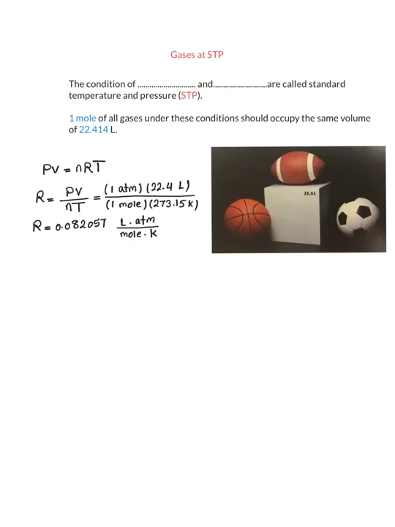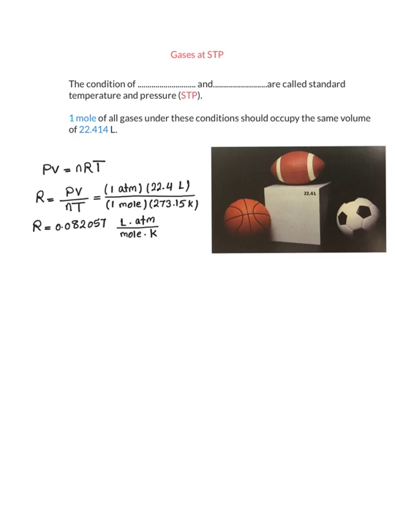Now, what is R? R is the gas constant, and that is measured under the STP, standard temperature and pressure, condition. After the calculation, the value for that is 0.082 liter atmosphere per mole per Kelvin.